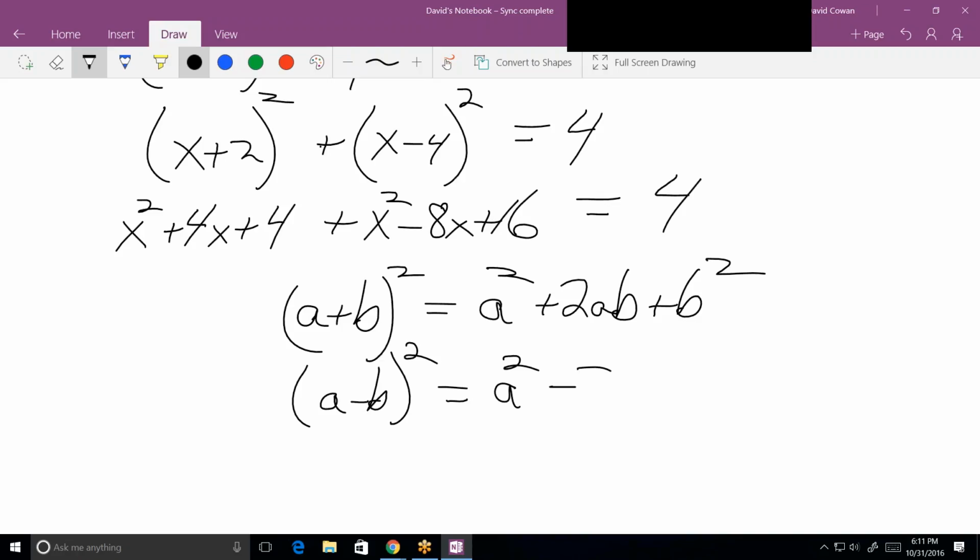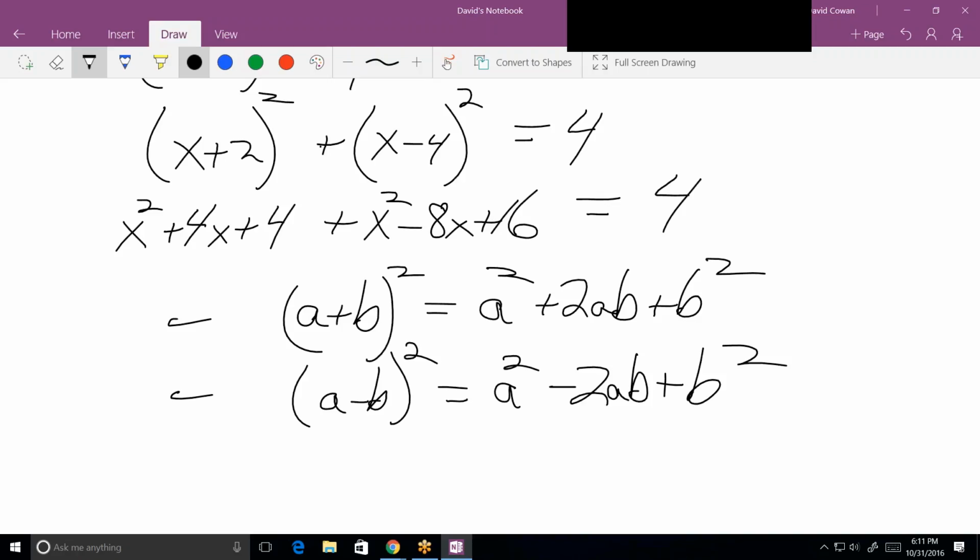The only term that's different is the middle term sign. And the only reason I tell people they should memorize these is because you have to do it so often. You're going to have to do it 1,000 times. So why foil it when you can do it this way?